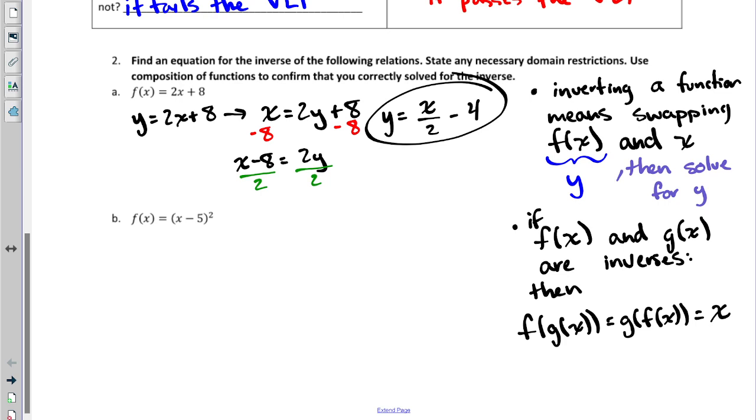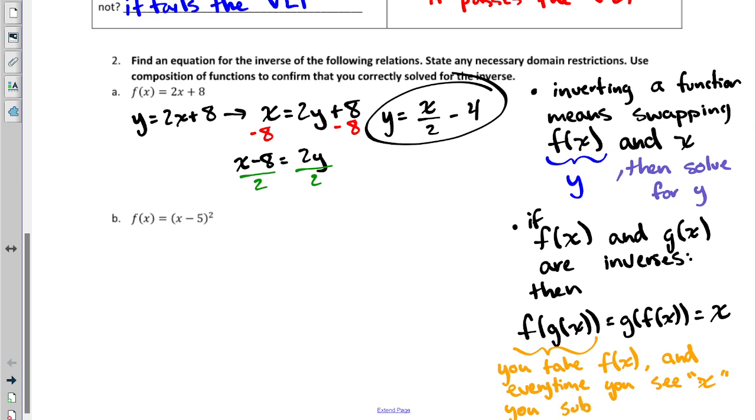By definition, a composition of functions f of g of x means you take f of x, and every time you see the variable x, you substitute the entire function g of x.